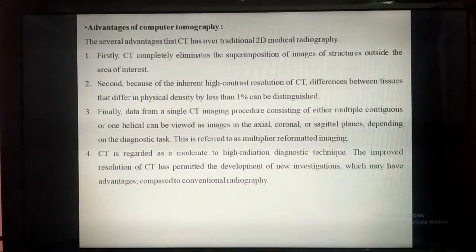This is referred to as multiplanar reformatted imaging. CT is regarded as a moderate to high radiation diagnostic technique. The improved resolution of CT has permitted the development of a few new investigations which may have advantages compared to conventional radiography.